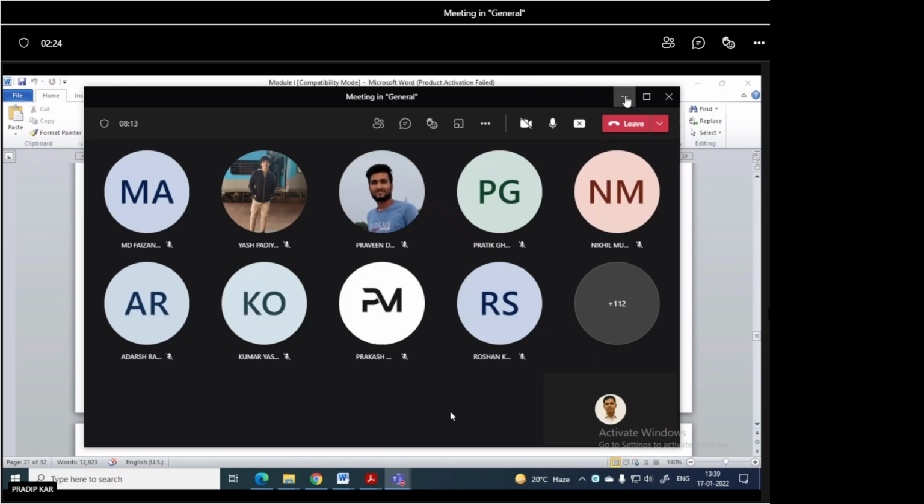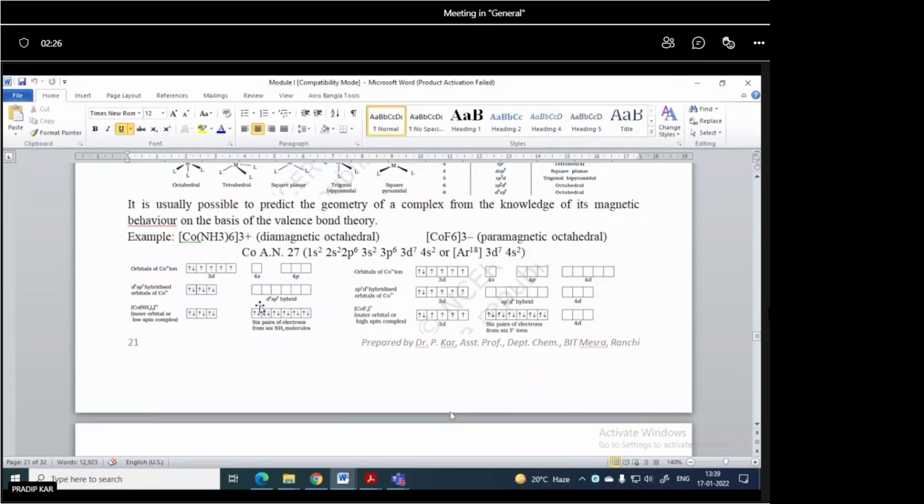So here you can see that the diamagnetic [Co(NH3)6]3+. So NH3 is the strong field ligand. In case of Co3+ ion, if we consider the electronic configuration, 3+ means without the 4s electron.